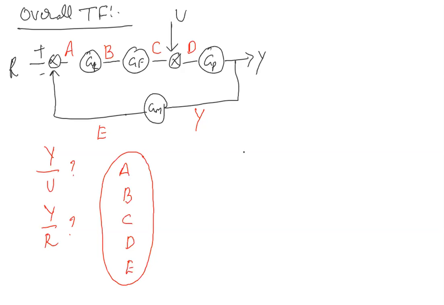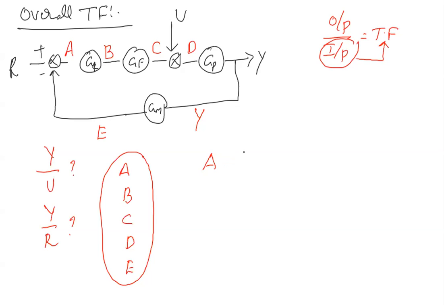What is the equation? What is a transfer function? Output by input is equal to the transfer function, correct? So you can write it as input into transfer function is equal to output. For example, A is the input to the controller.